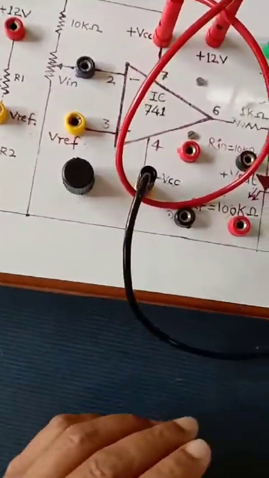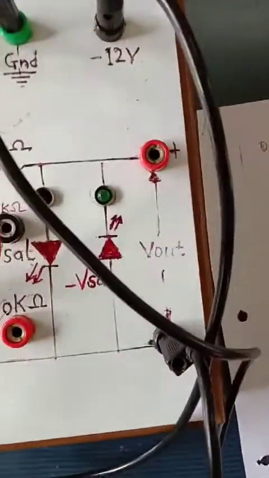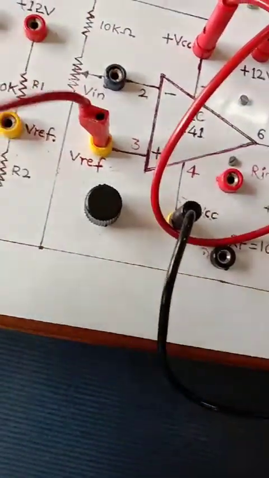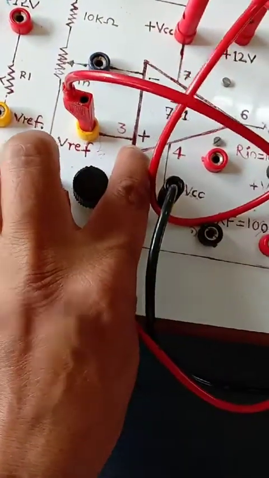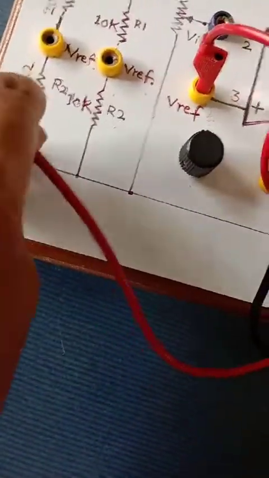Then for a zero reference comparator I am connecting pin number 3 to the ground terminal, because for a zero reference comparator we have to connect pin number 3 to ground.